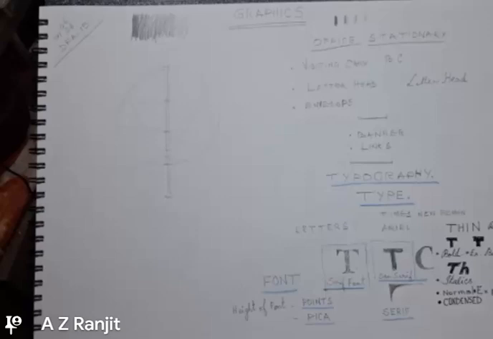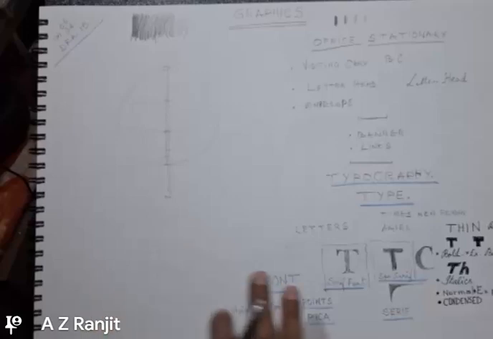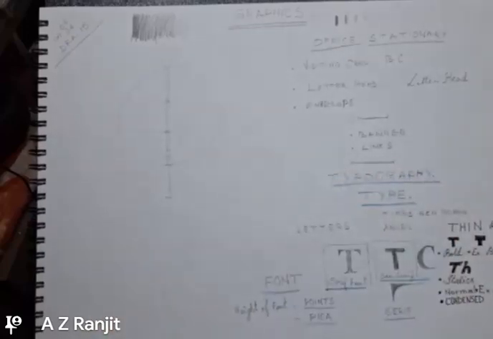Now we come to full sentences on a page. Shall I go here or should I come here? I think I'll come here. Let typography be within this space.